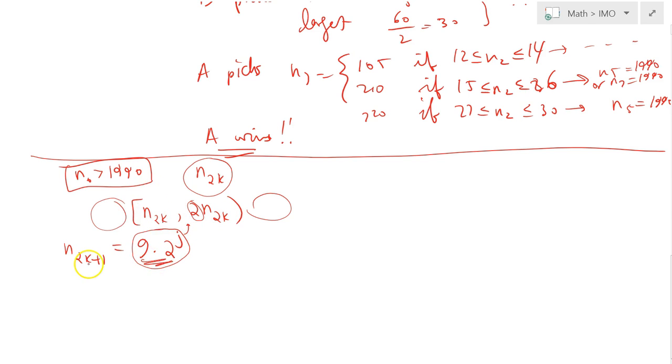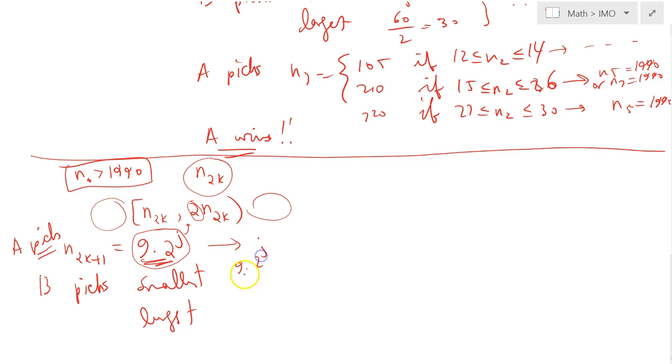So A will pick that number, and when it is B's turn, B picks the smallest and the largest. The smallest that B can pick would be 9 times 2 to the power j over 2 to the power j, which is 9.